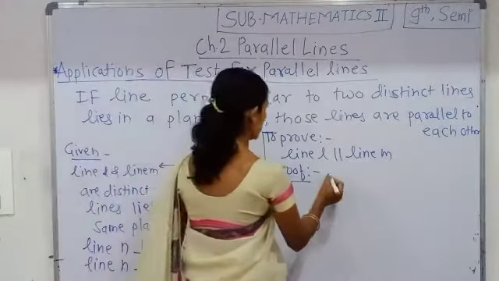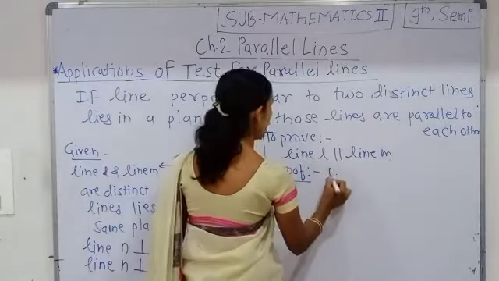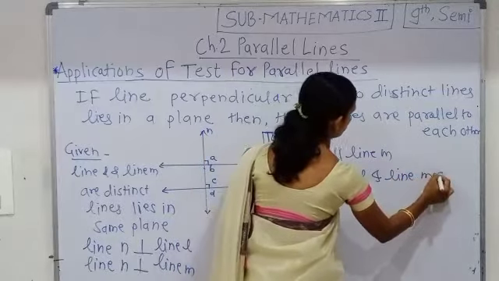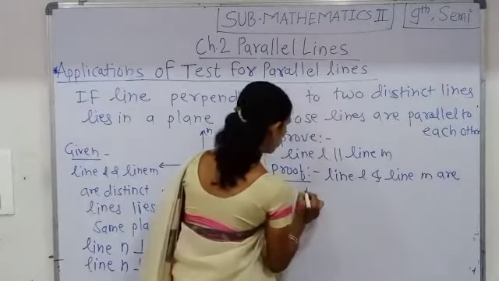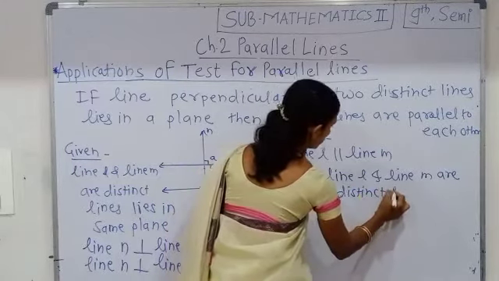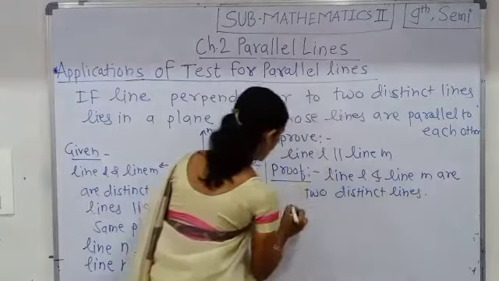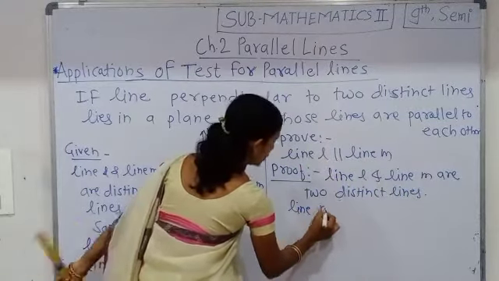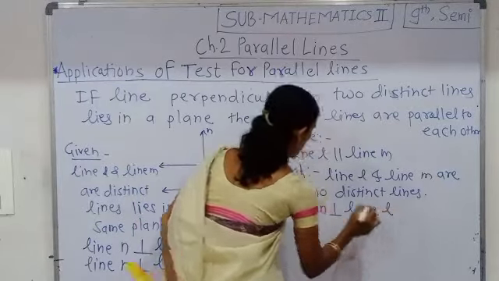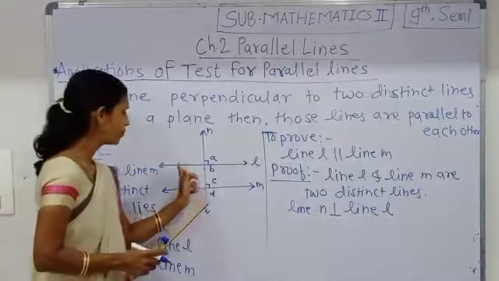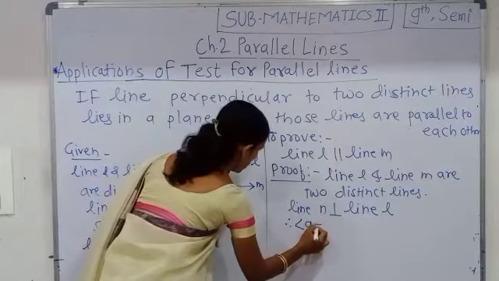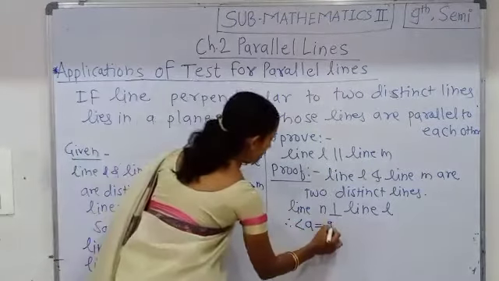In the given, line L and line M are two distinct lines, and line N is perpendicular to line L. Therefore angle A is equal to 90 degrees.